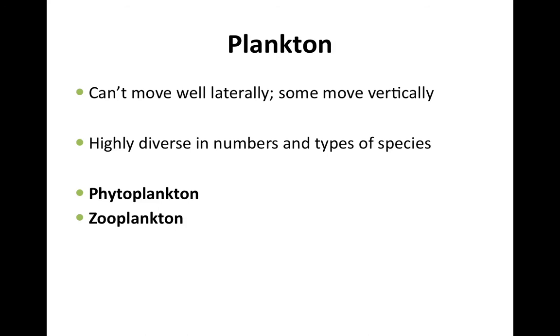So they are at the mercy of the currents. Now, plankton are highly diverse in numbers and types of species, and there's two main groups of plankton: phytoplankton and zooplankton. I'm going to start with phytoplankton.